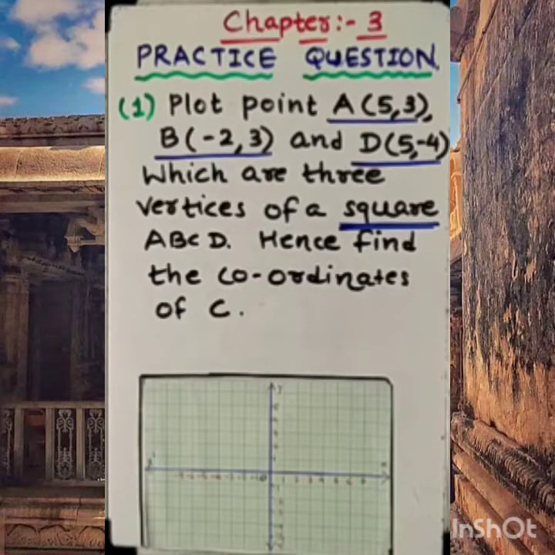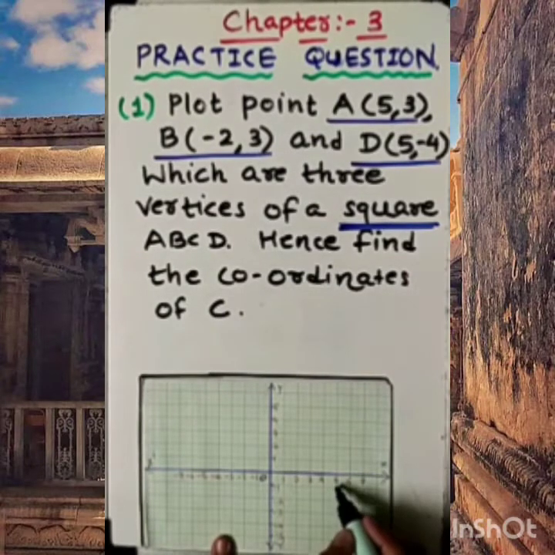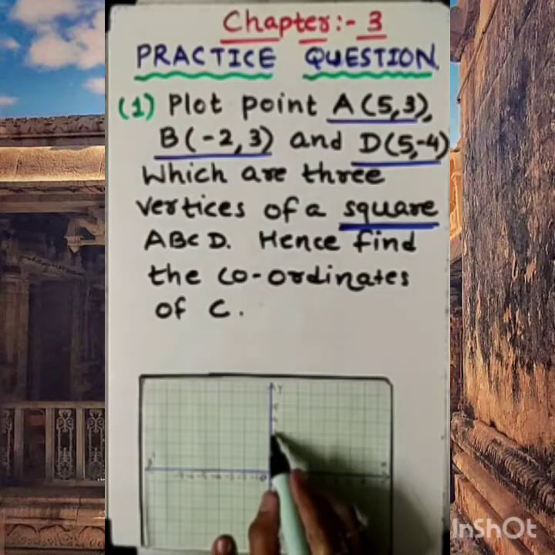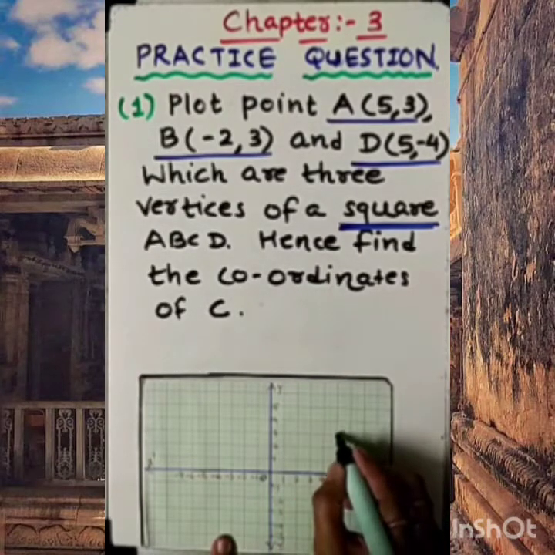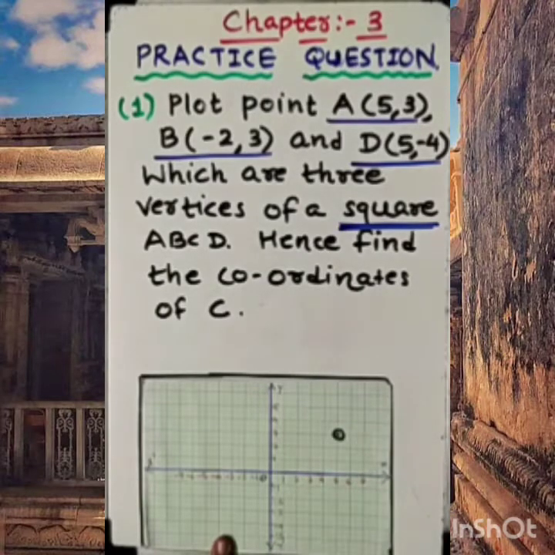Just observe carefully where I am going to locate these points. First, A point is (5, 3). So where to locate A? This is 5 on the x-axis, the abscissa, and the y-coordinate 3. They are meeting here somewhere. So this point will become (5, 3).